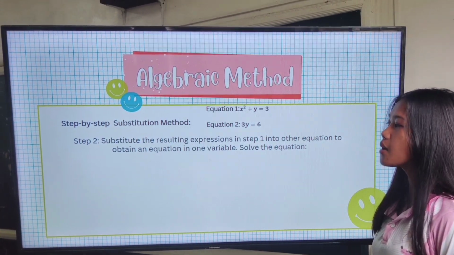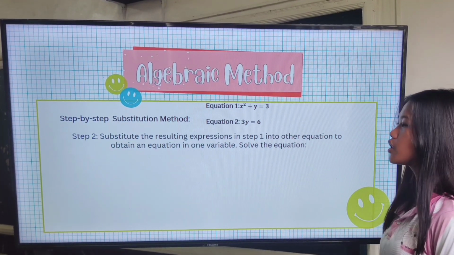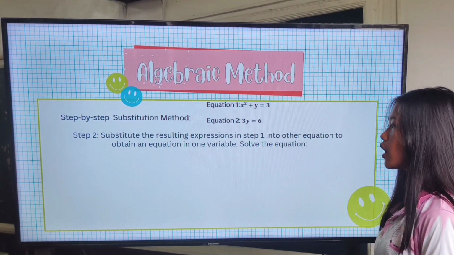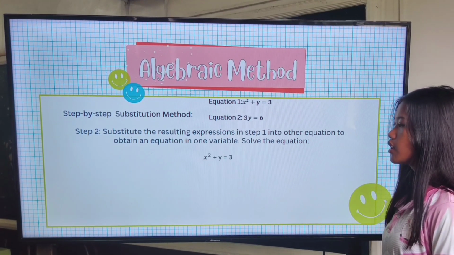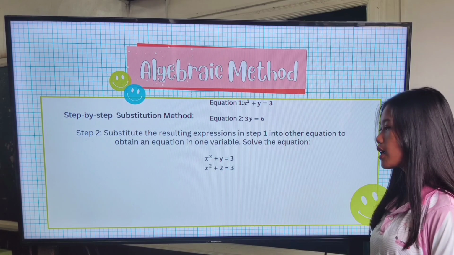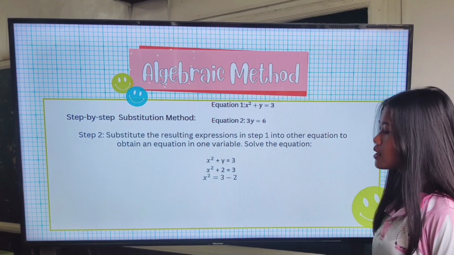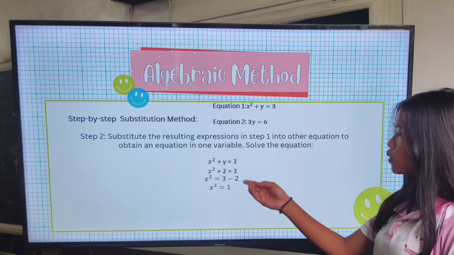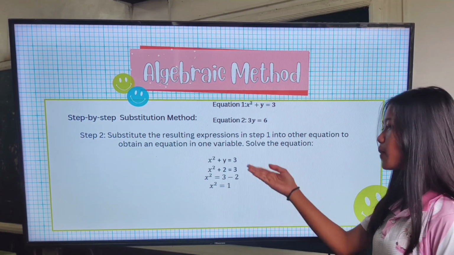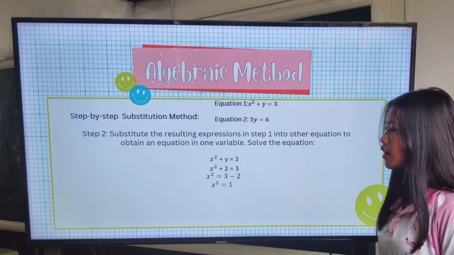Step 2. Substitute the resulting expression from step 1 into the other equation to obtain an equation in one variable. Solve the equation x squared plus y equals 3. We substitute y equals 2, and x squared equals 3 minus 2. Transpose positive 2 into negative 2. x squared equals 1.